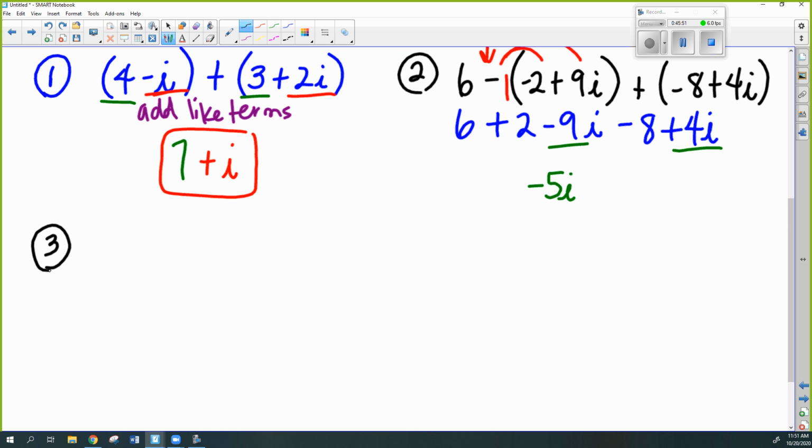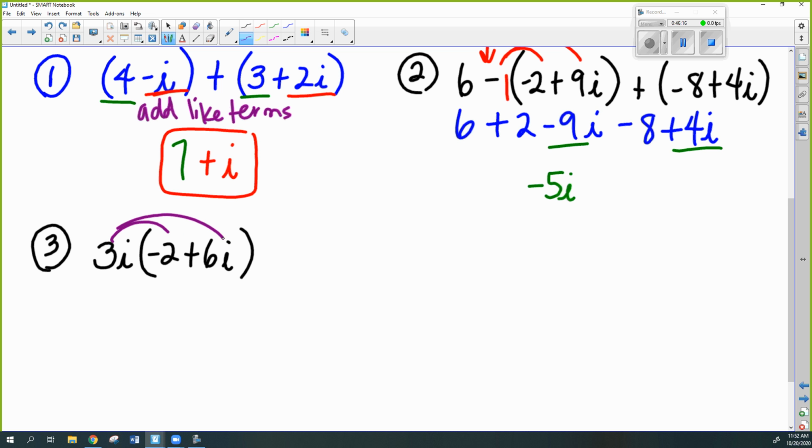All right, we'll start off with something like this. 3i times negative 2 plus 6i. All right, well, hopefully you're thinking to yourself, I need to distribute that thing. I need to distribute.